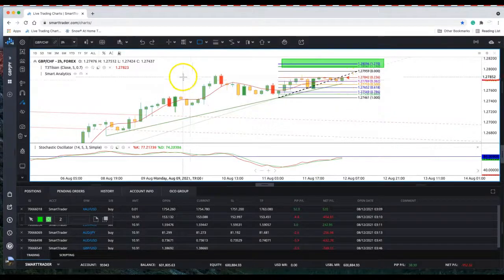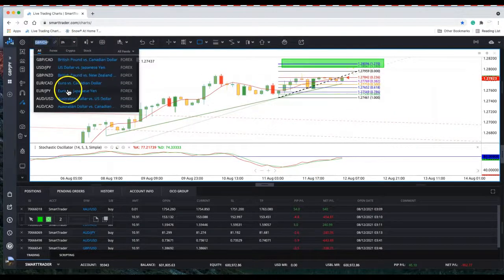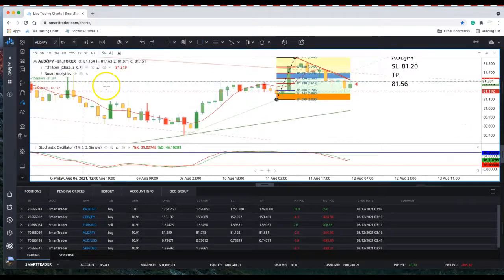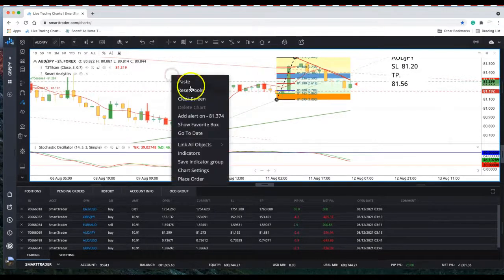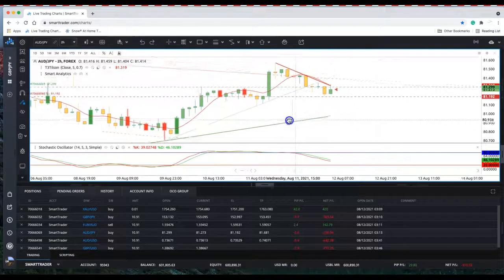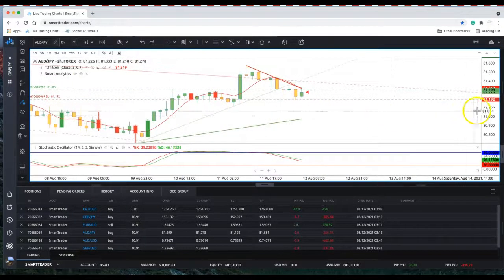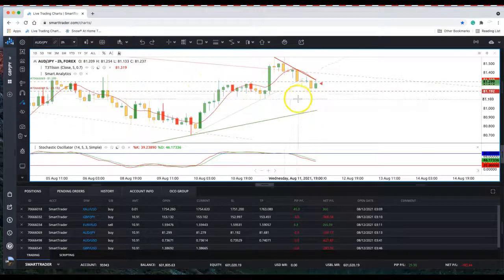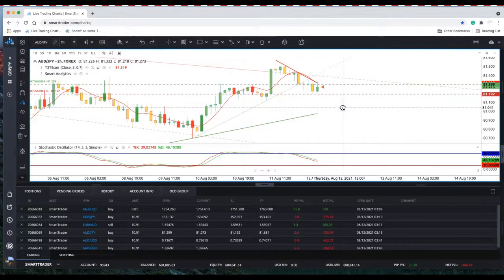Okay. And let me just show, there's another trade set up on, here is Aussie yen, which I just took a trade on this pair. So again, we're in an uptrend, right? We have higher highs, higher lows, and the first trade was down here.